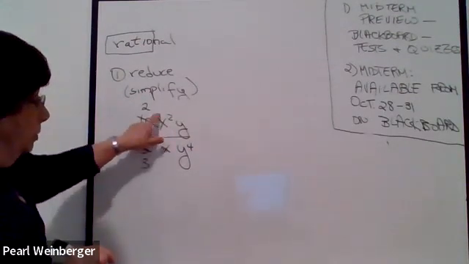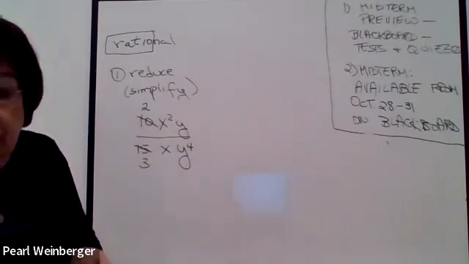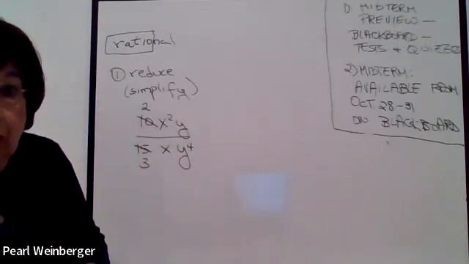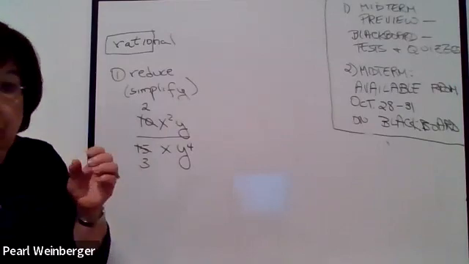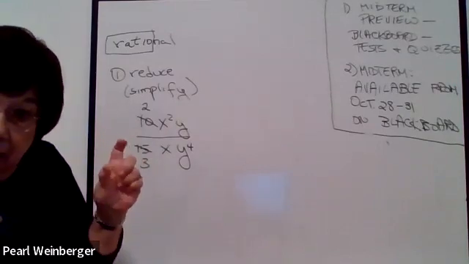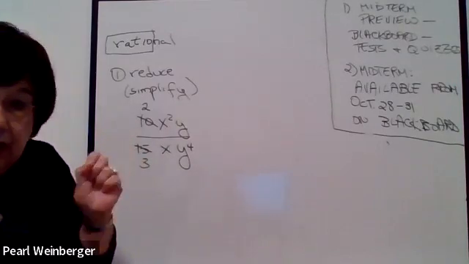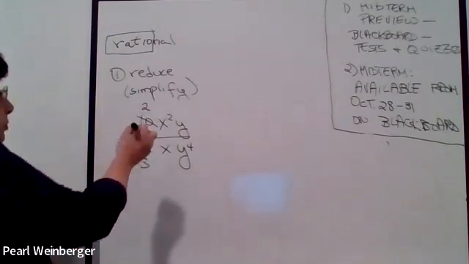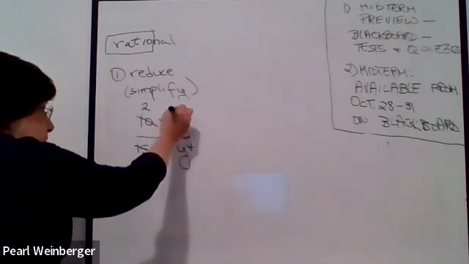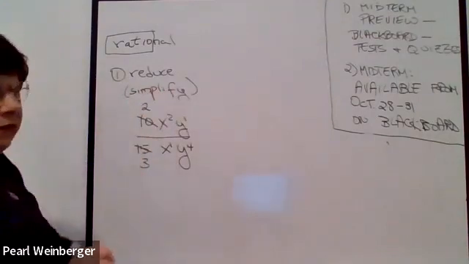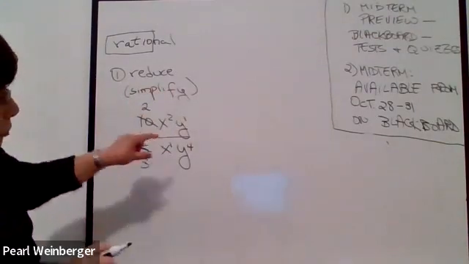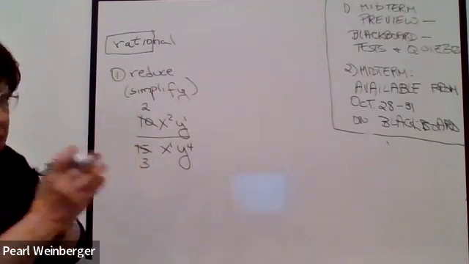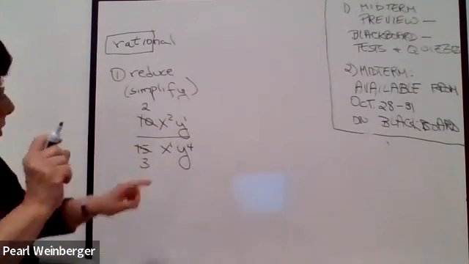The one that goes into both of them is the x to the 1, the lower exponent. And remember, when we're dividing letters, we subtract the exponents. So I'm going to put the ones in here just to remind us. You don't have to do that, but I want you to remember that if you have a plain letter, its exponent is really 1.